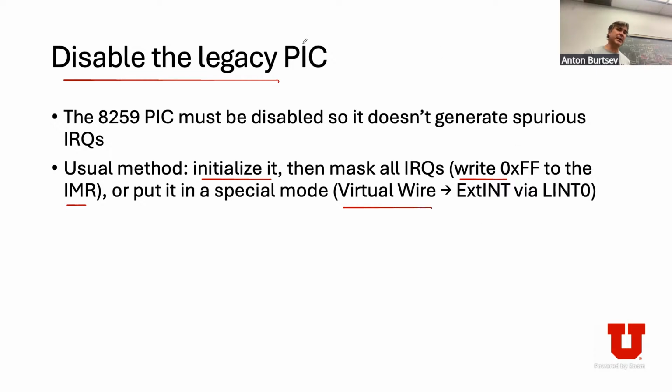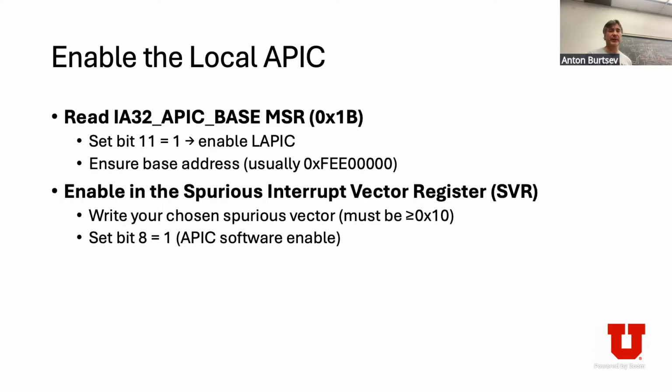Okay, after the legacy PIC is disabled, you can start working on enabling the IOAPIC and LAPIC. So typically you enable the local APIC. Each time you start a new CPU, remember we start the bootstrap processor, but then every time you initialize an application processor, you have to initialize the local APIC. The IOAPIC will be initialized only once. So you get this APIC base register. Typically it contains the field of the address, which is here, but it's not strictly fixed.